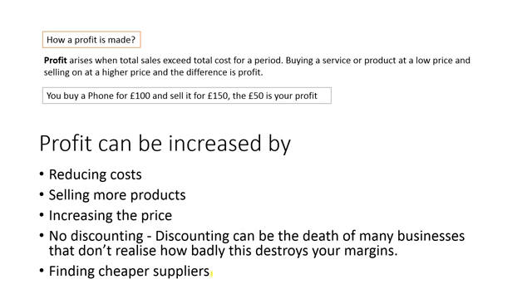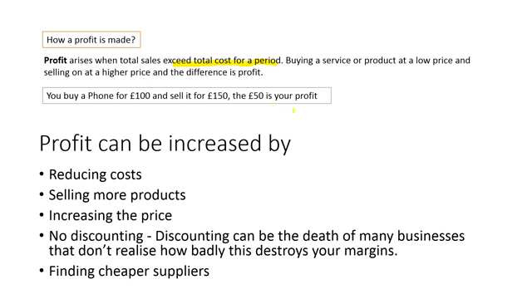So how is profit made exactly? Profit arises when total sales exceed total costs for a period. So that means buying a service or a product at a lower price and selling it on at a higher price, and the difference is profit. So you might buy an iPhone for £100 and sell it for £150.